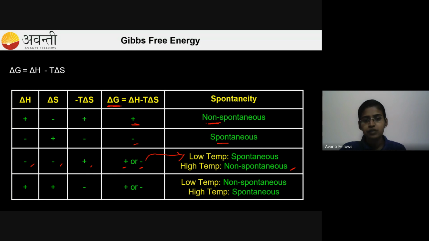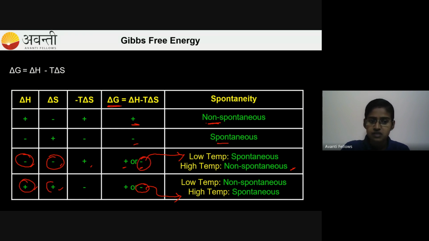For the next condition, only at a high temperature is the reaction spontaneous if delta S is positive and delta H is positive. If both delta H and delta S are negative, then at low temperature itself the reaction is spontaneous. If both are positive, then only at very high temperature is the reaction spontaneous.